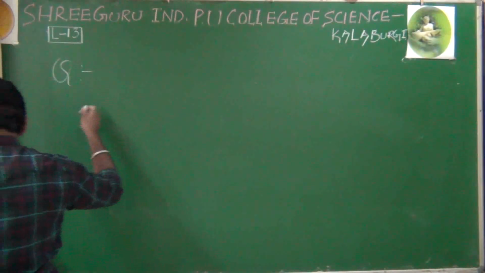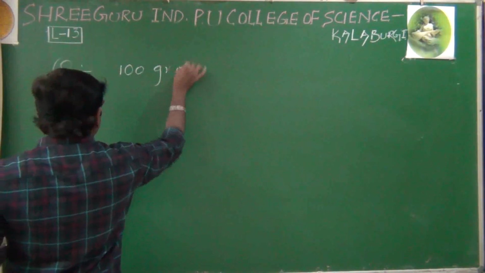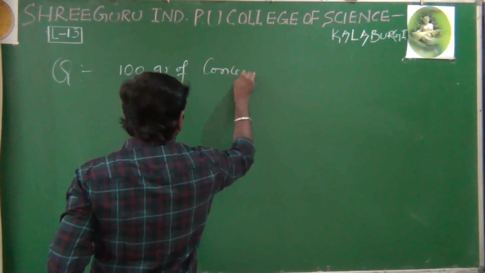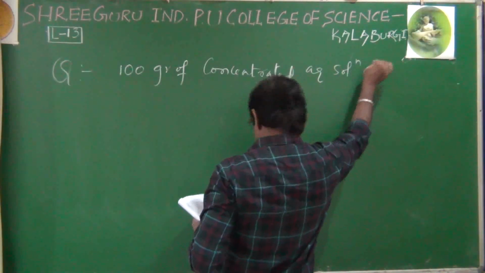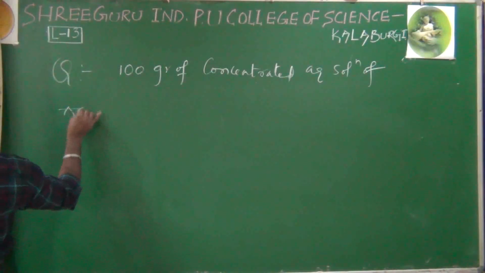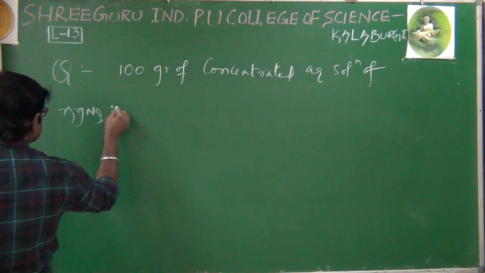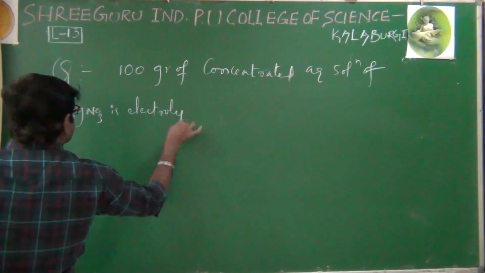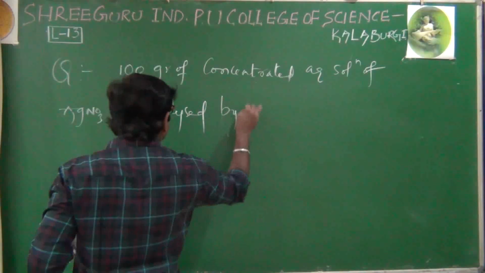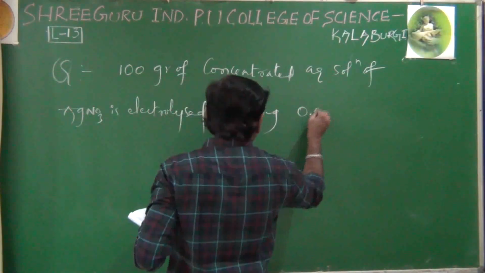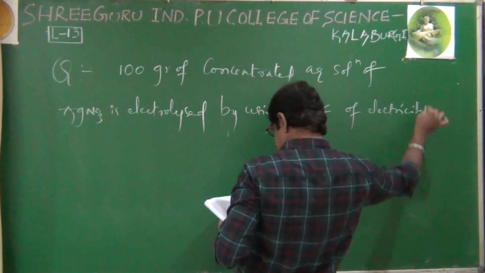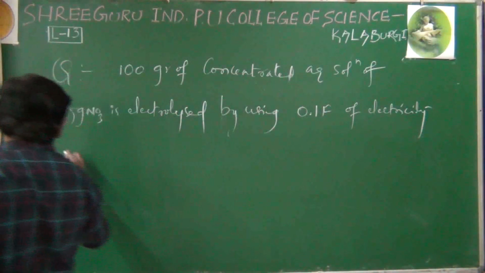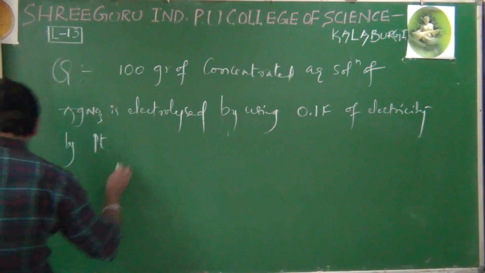Next question is: 100 grams of concentrated aqueous solution of silver nitrate is electrolyzed by using 0.1 Faraday of electricity by platinum electrodes.